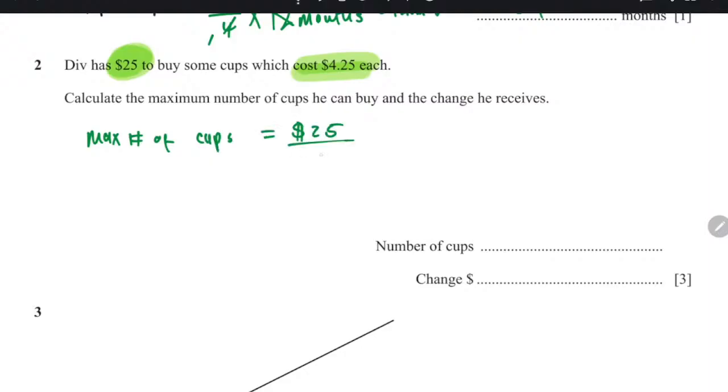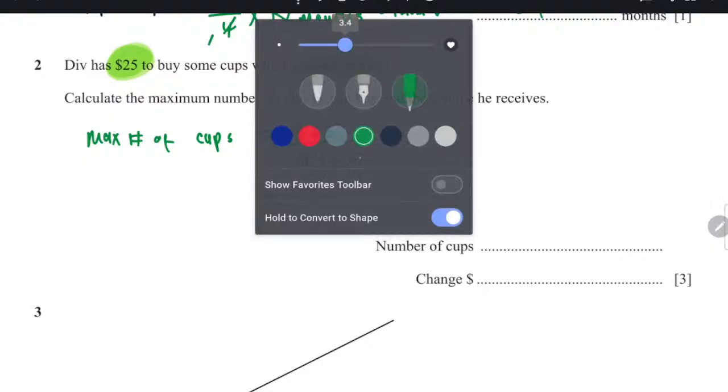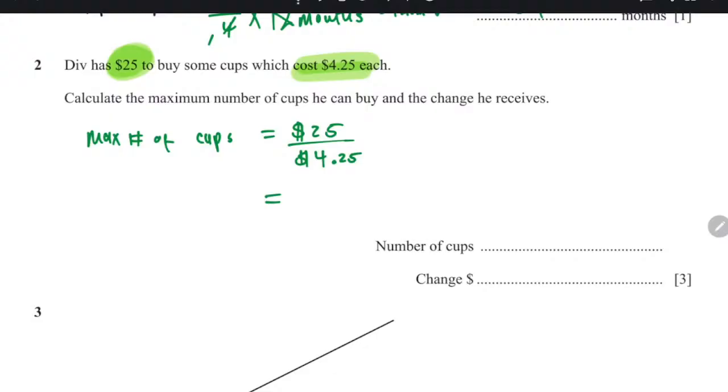And I divide by the cost of one, which is $4.25. Always remember, divide by the cost of one. Okay, Lefika? What is 25 divided by 4.25?